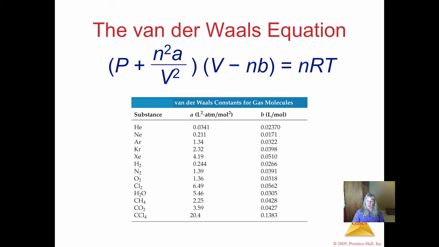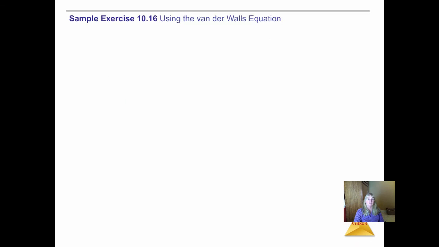Okay, so at this point, let's take a look at what I'm expecting you to do using the data on this table and the van der Waals equation. At the bottom of the last page of the handout that you're currently working on, there's a question that says, use the van der Waals equation and the values in the table to calculate the pressure of 1 mole of chlorine gas in a 22.4 liter volume at 0 degrees Celsius.